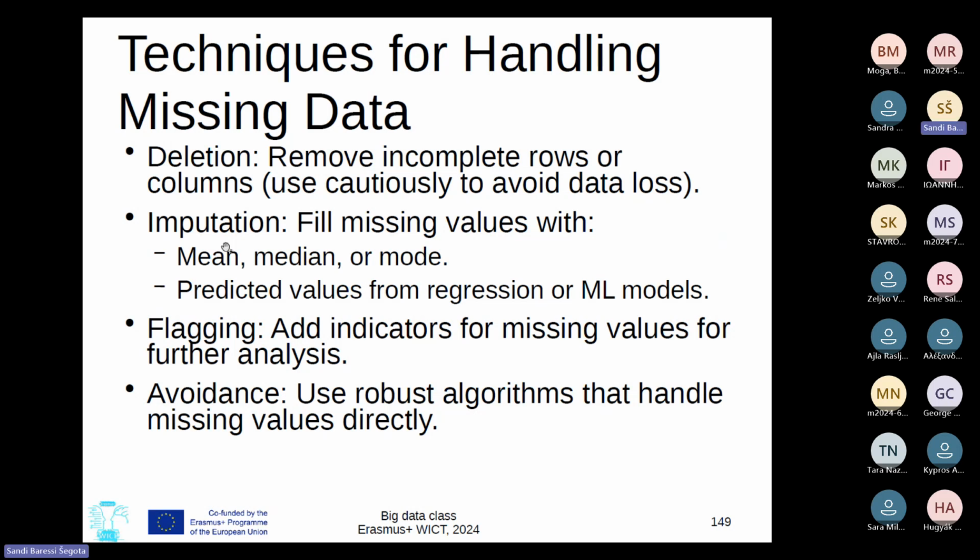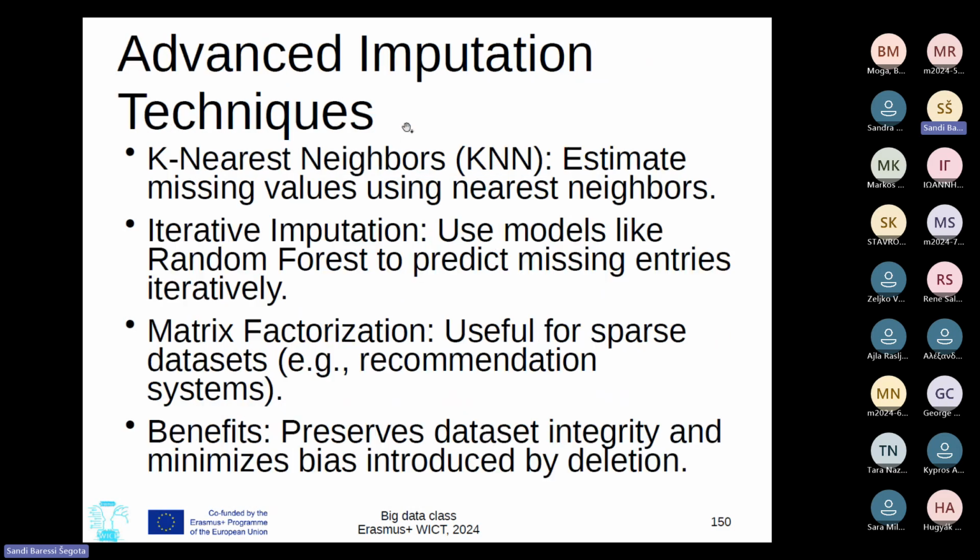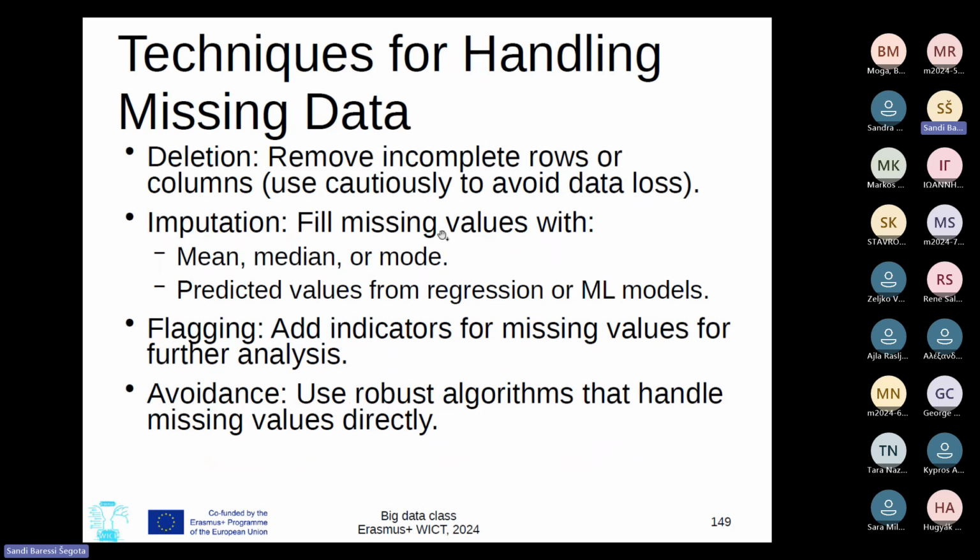I already mentioned this, but let me repeat it. Here is what you can do when you have missing or erroneous data. You can delete that row completely. You can impute data. Some basic methods suggest imputing the mean, median, or mode.